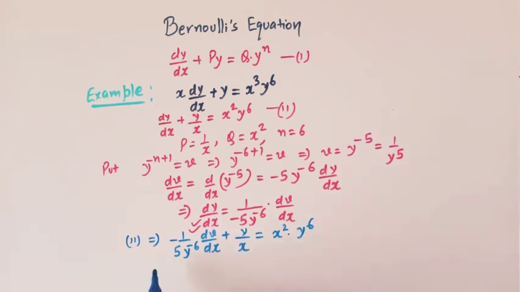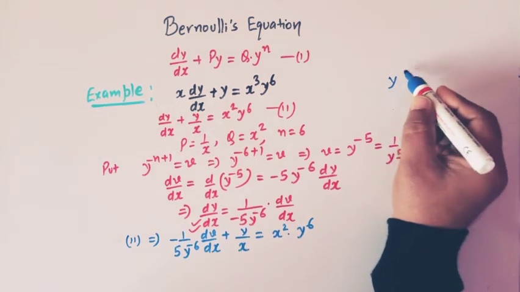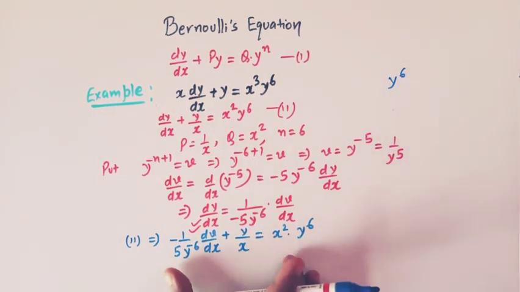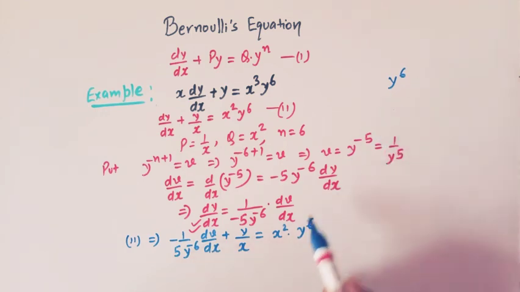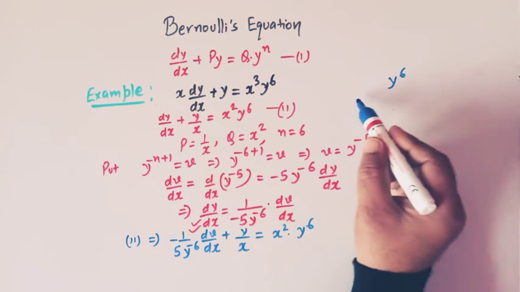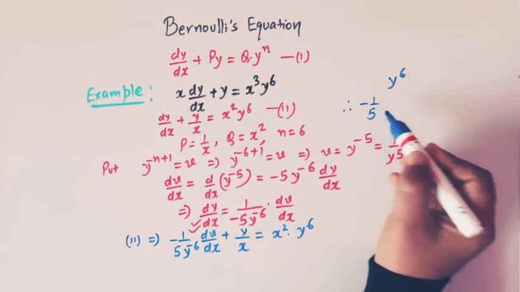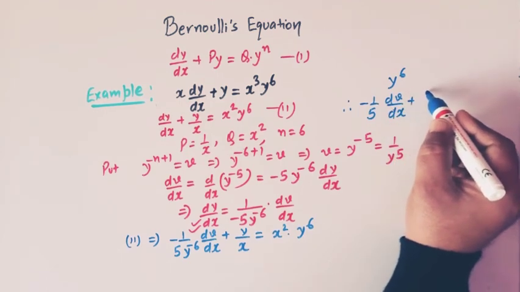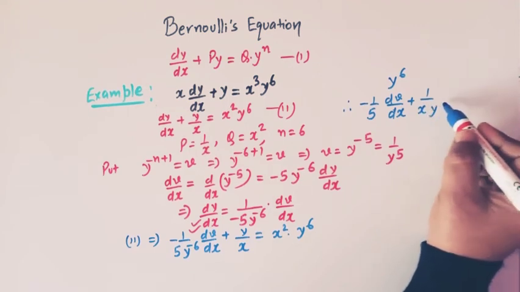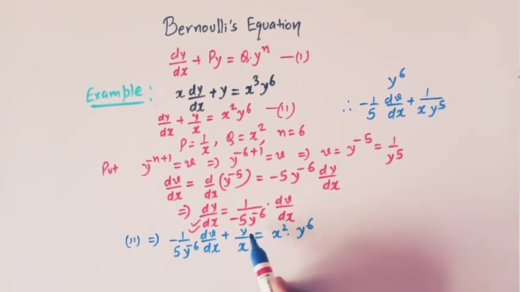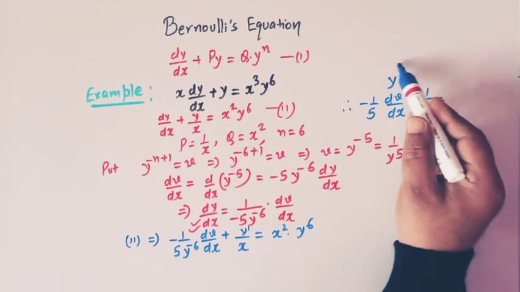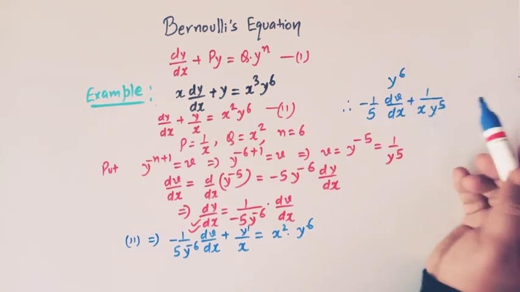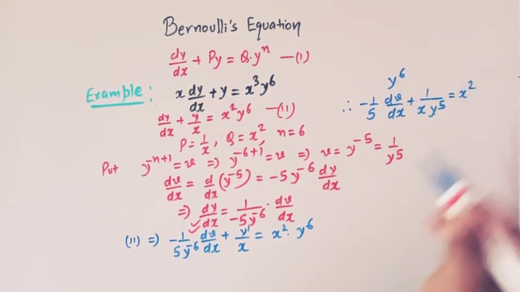Okay, now if we divide this equation throughout by y raised to 6, so we get minus 1 over 5 dv over dx plus 1 over x times y raised to 5, because this y and this y raised to 1 get cancelled with y raised to 6, and we are left with y raised to 5, and here we have x square, right?